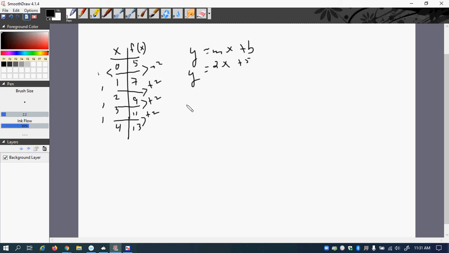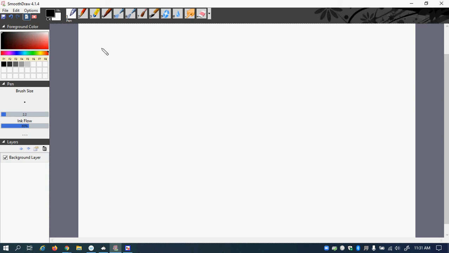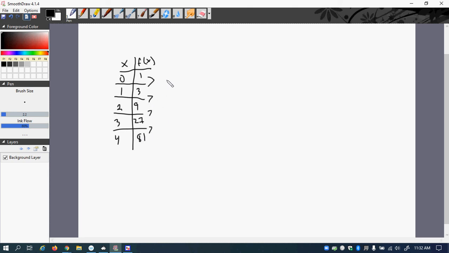Again, if we are looking at another table and we want to know if it's exponential or not, again we'll go 0, 1, 2, 3, 4, and let's say the values are 1, 3, 9, 27, and 81. We can see here that it's multiplying by 3.